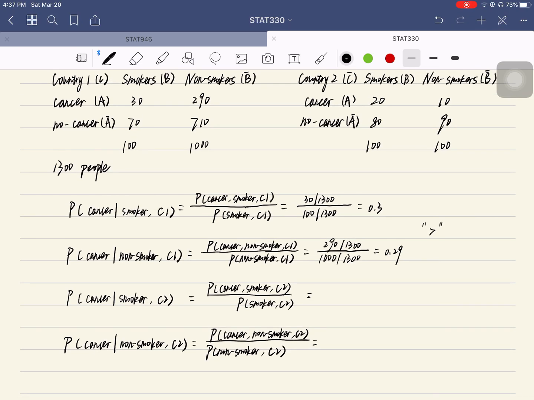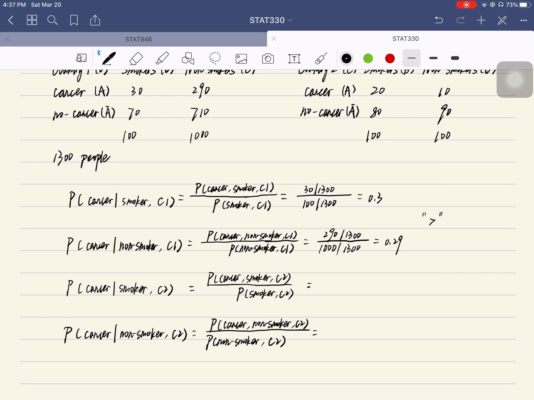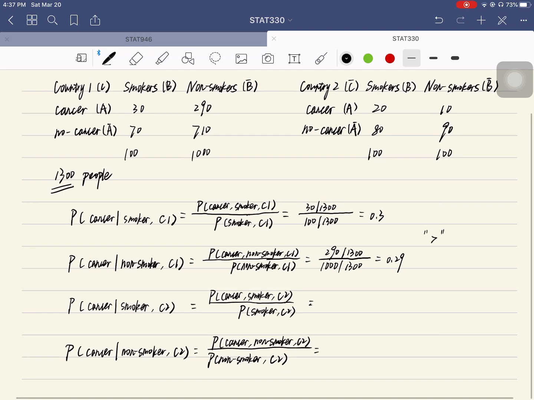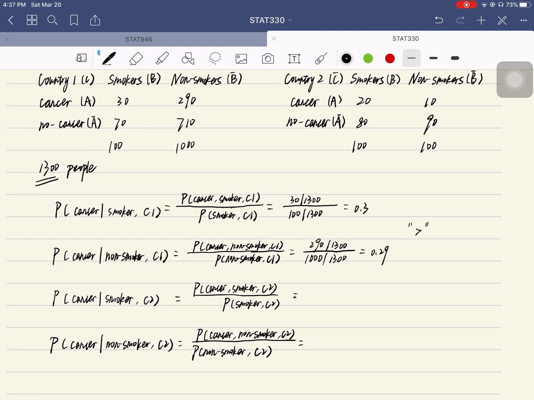Pay attention that when you calculate this probability, you focus on the probability for all the people, not for only the people in country 1 or the people in country 2.